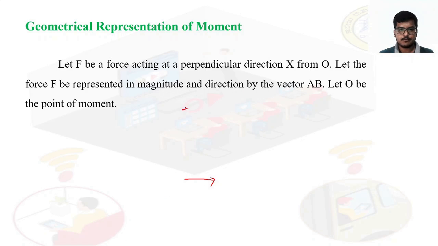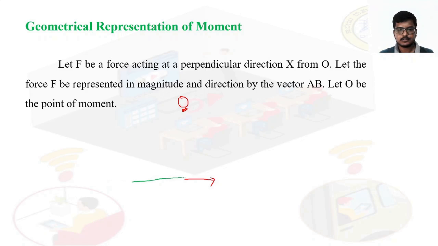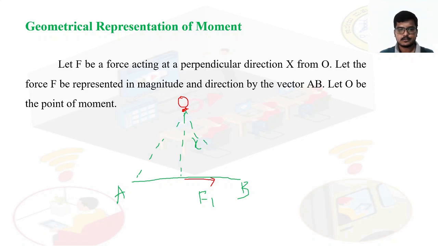So point O is here, and I'll take a vector AB at a point here. This is A, B, and this is the force F1, at a distance of X. Now I'll draw lines so that I can form a triangle OAB.